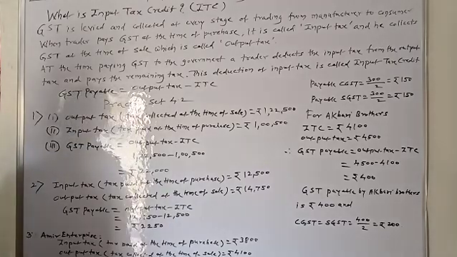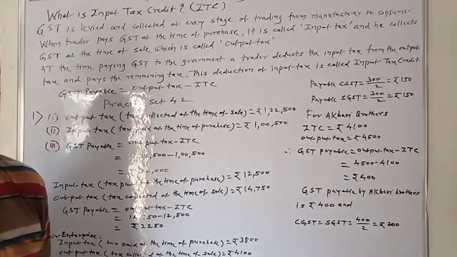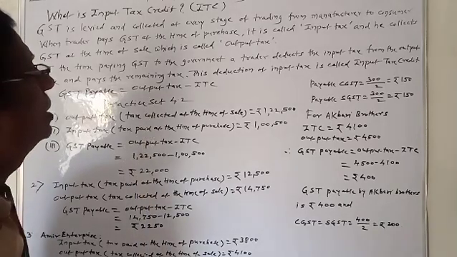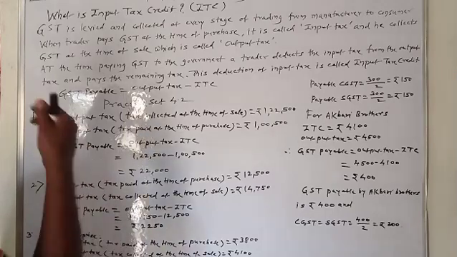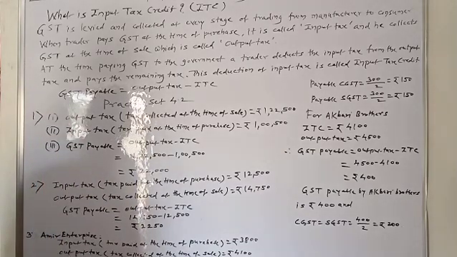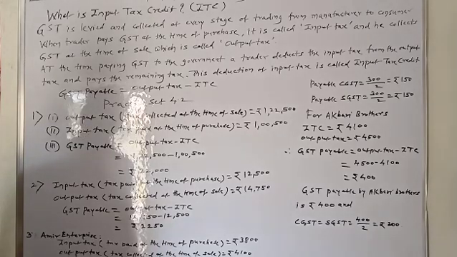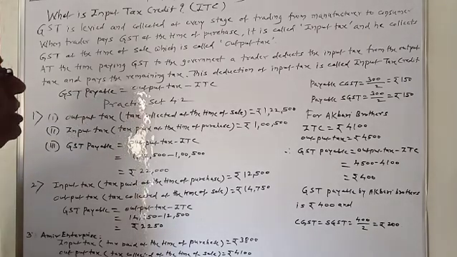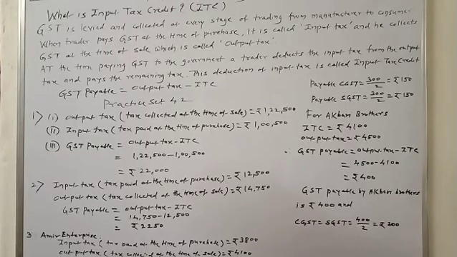At the time of paying GST to the government, the trader deducts the input tax from the output tax and pays the remaining tax. This deduction of input tax is called input tax credit. GST payable is equal to output tax minus ITC, input tax credit.